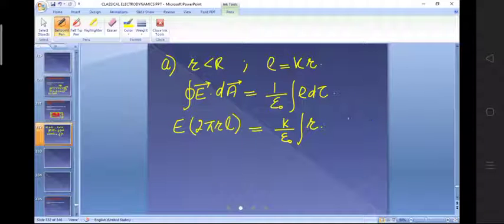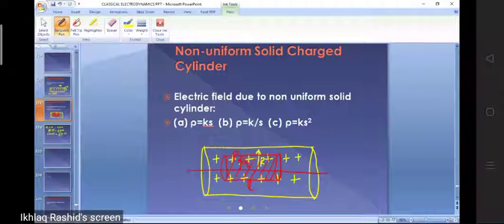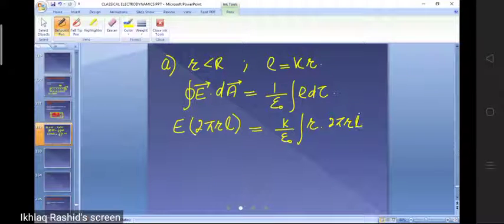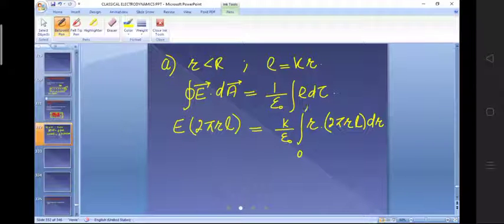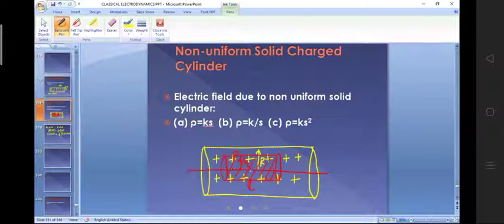Wait a second, it's not pi r square L. The volume element in the cylindrical coordinates is 2 pi r multiplied by L into dr. Okay, this is the volume element, 2 pi r into L into dr. Fine. And the limits of integration here will be from 0 to small r. Why from 0 to small r? Because only this will contribute. So the charge enclosed will be this.